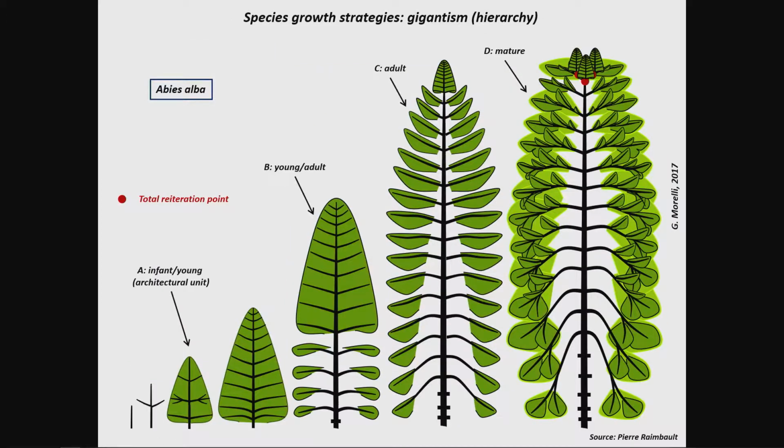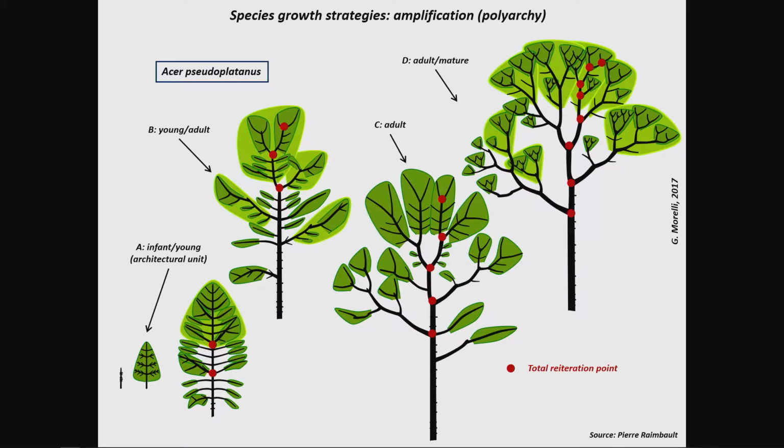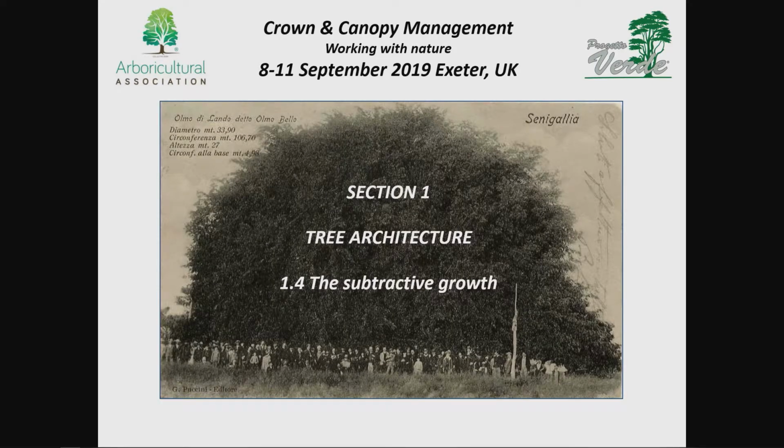But anyway, this is an Abies alba fir, and you can see easily by the drawing how it grows. And again here, a maple tree, and the red dots are the points of the development of total reiterations. So we go a little bit further to understand the form of a tree, and we have to introduce another concept, because during its life, the tree, as we saw, adds parts, but also loses parts.